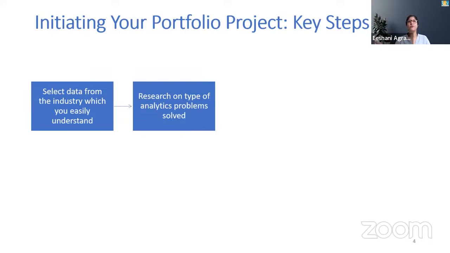If I'm applying for a bank, if I have projects related to finance, good job. If I'm applying for a consultancy company, and there I can show the variation across industries, very good. If I'm working for, let's say, social media, then projects oriented to social media are what is going to impress them.